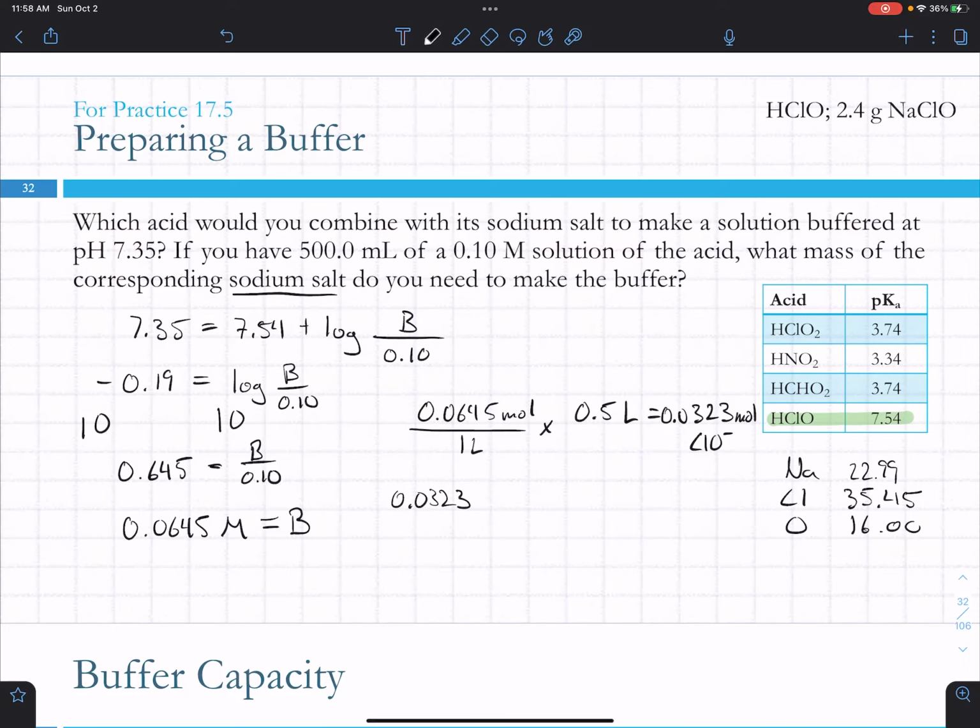Yes, okay. So 0.0323 moles of sodium hypochlorite times the molar mass, so 22.99 plus 35.45 plus 16. That's 74.44 grams of sodium hypochlorite per 1 mole of sodium hypochlorite, times 0.0323. That gives us 2.4 grams NaClO.